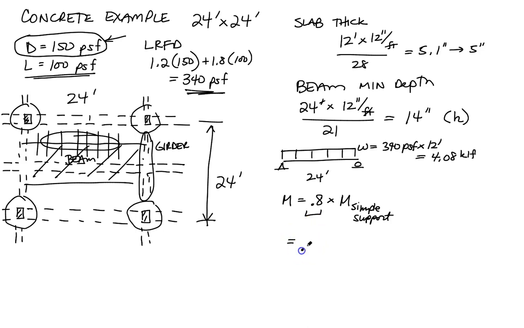So we're going to use 0.8 times, and the moment equation is still 1/8 WL squared, or WL squared over 8: 4.08 kips per lineal foot, and then the length is 24 feet, squared. That gives us 235 kip feet.